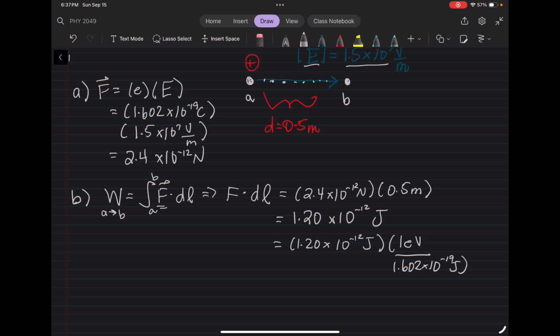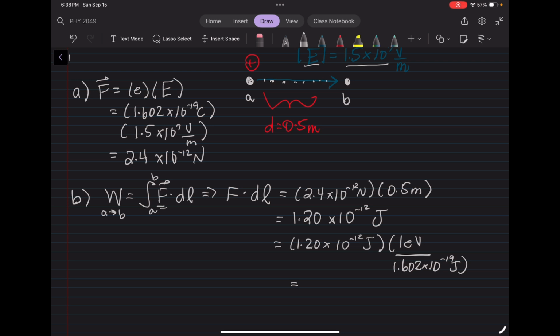Right, that's the conversion factor from the previous slide. And so then we're basically going to be dividing 1.2 times 10 to the minus 12 by 1.602 times 10 to the minus 19.